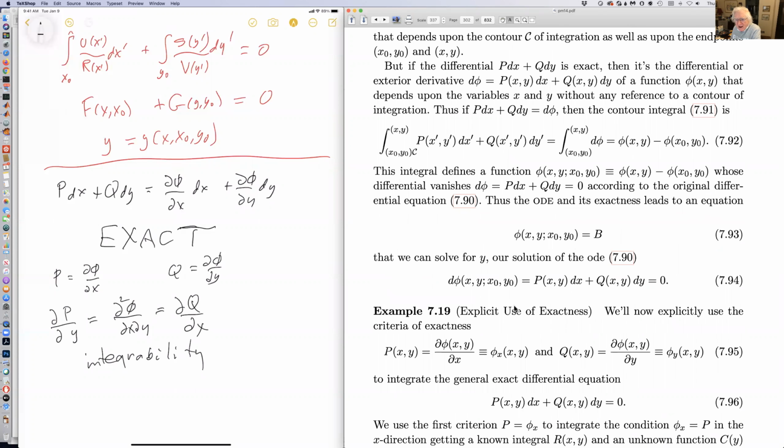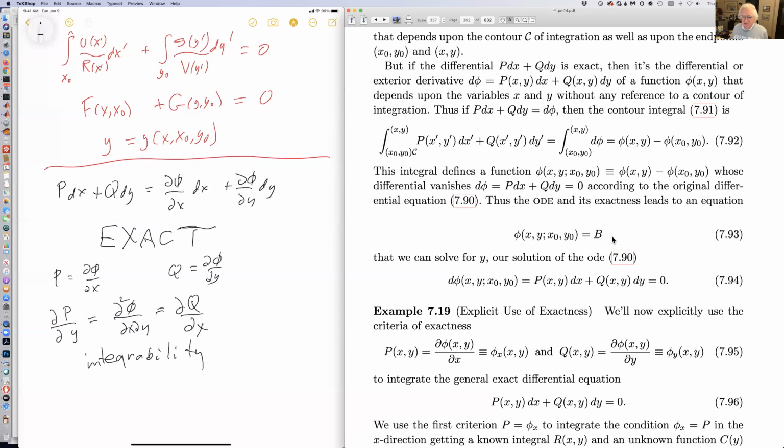And so if you do the integral and you get B, that gives you a function phi of x, y and x0, y0 equal to some number B. This then is the solution of the ODE, because once you've done this integral along some contour, you've got some function B that's just a function of x, y, x0, and y0.